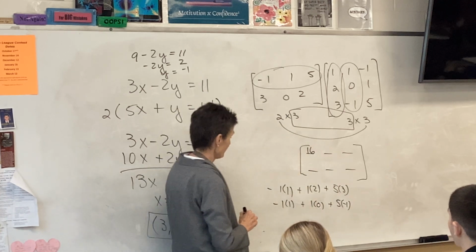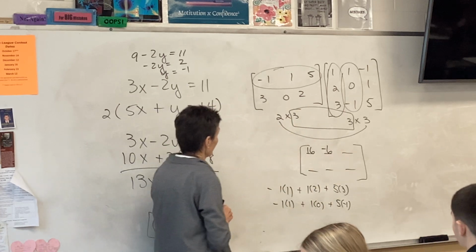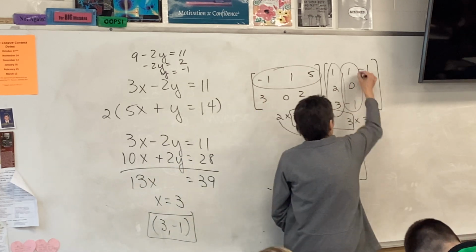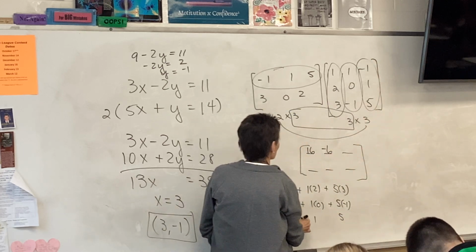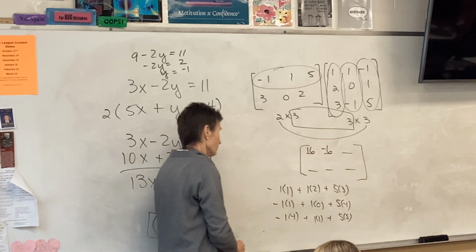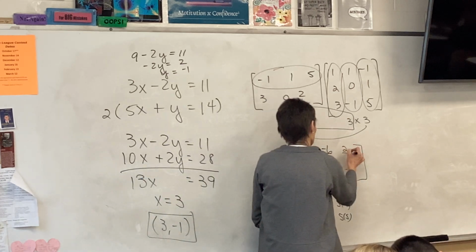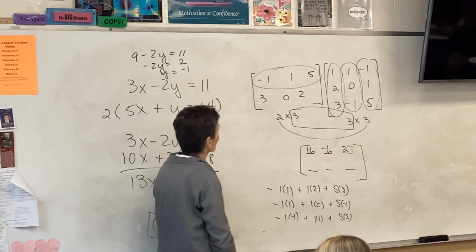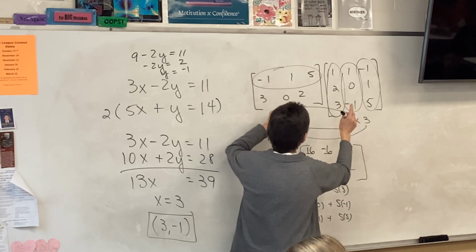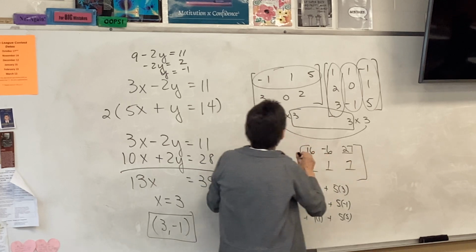What is that, negative 6? And finally, row 1, column 3. I think that's 27. Okay, on the bottom, you should have a 9, a 1, and a 7, I think.